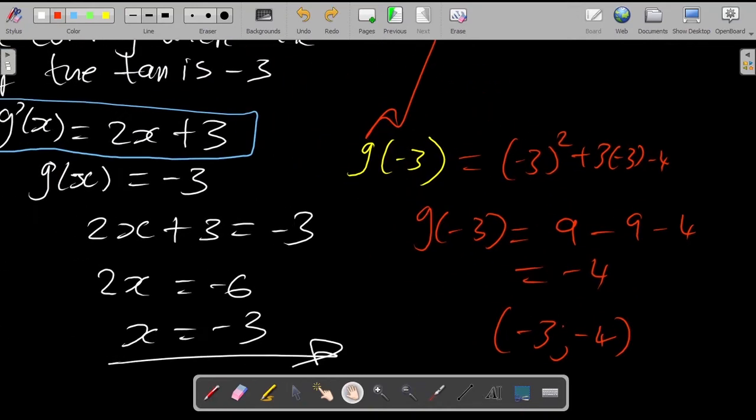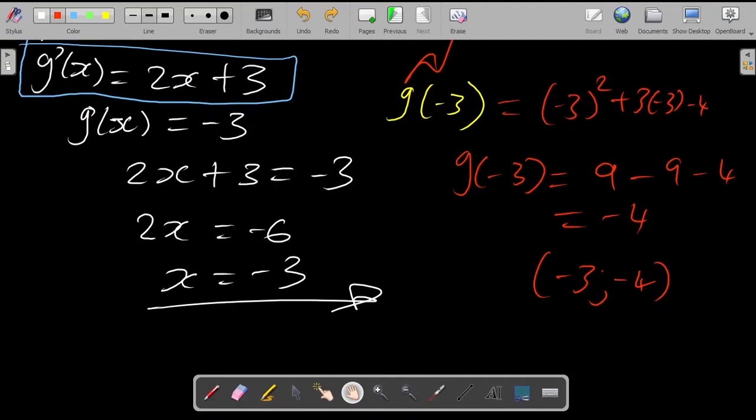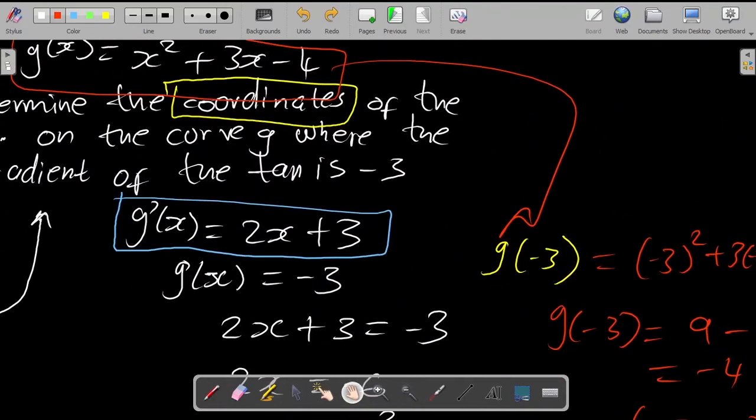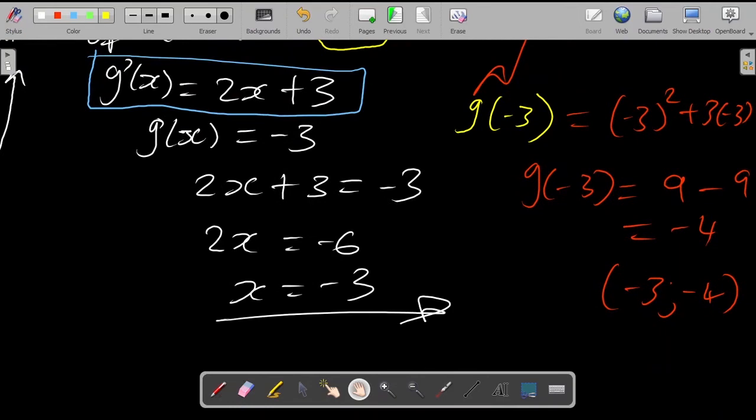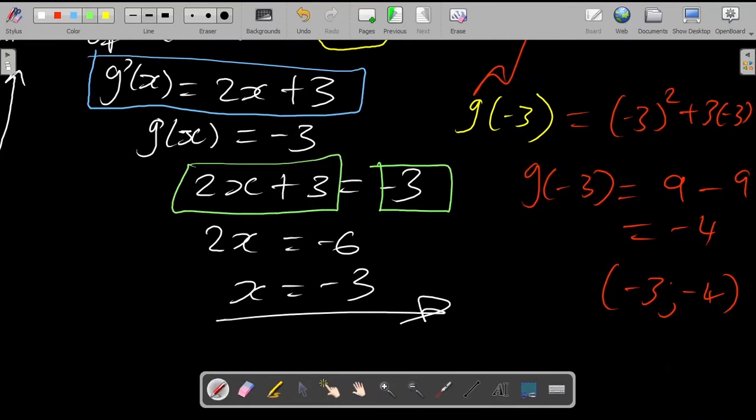And from all of this, you can see that we were given the gradient and we're given the formula of the function. And we know that from the formula, we can find the gradient. But we don't know where this particular gradient was, or where the tangent actually has to touch. And that is what we found down here.